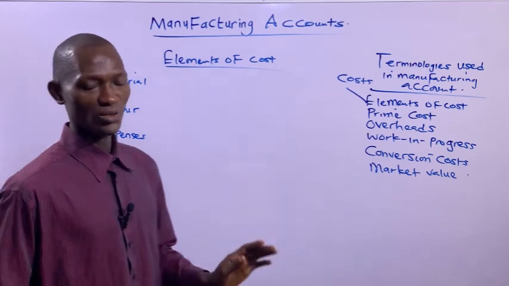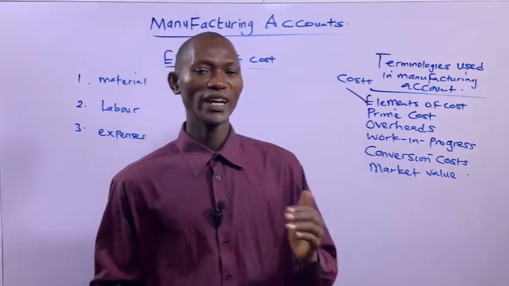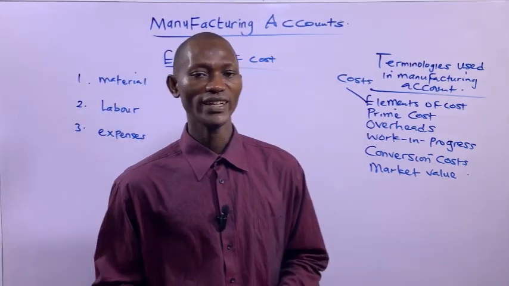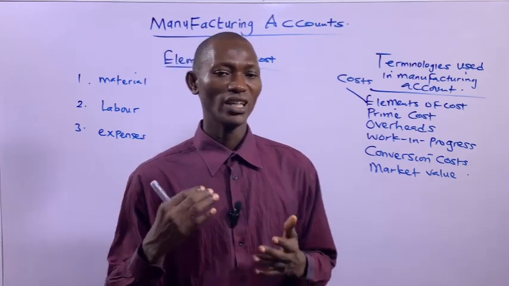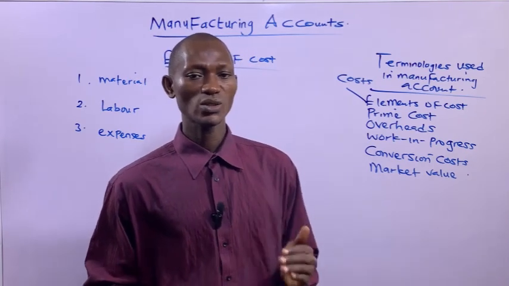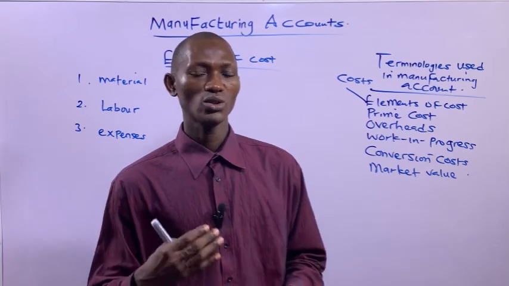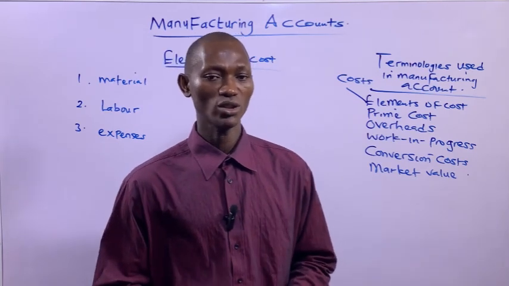So when we say cost, cost can either be direct or indirect. So a cost is said to be direct when such can be traceable to the production of a particular commodity.